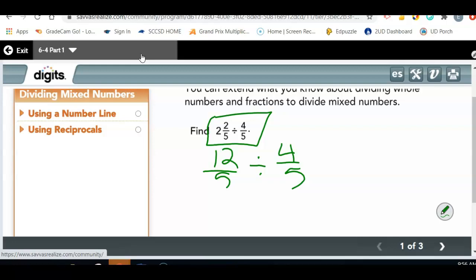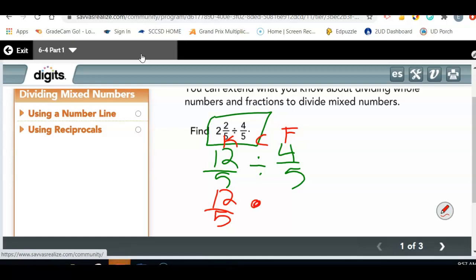Yes, we keep, change, and flip. As I told you yesterday, all division of fractions is keep, change, flip. We keep it nice and easy for you. Okay. So the first number is going to be, Jackson, 12/5. Change the operation to altogether? Multiplication.